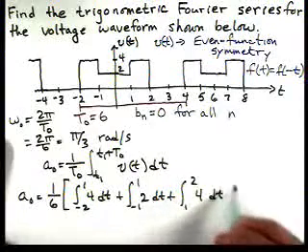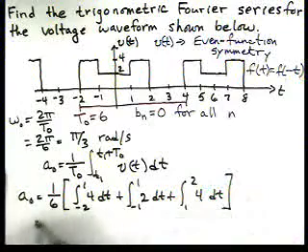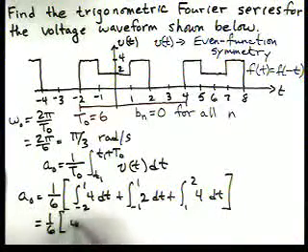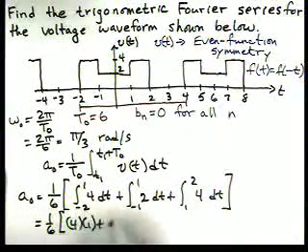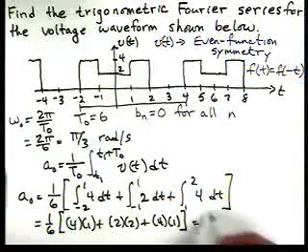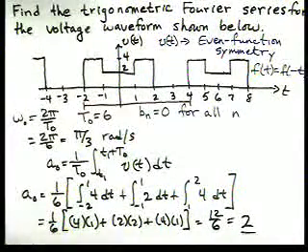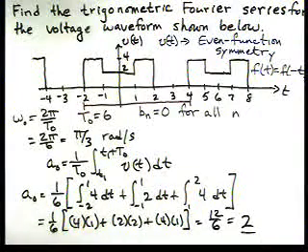So we have 1/6 times (4 times 1, plus 2 times 2, plus 4 times 1), and that gets us 12 over 6, or 2. So there's a0.